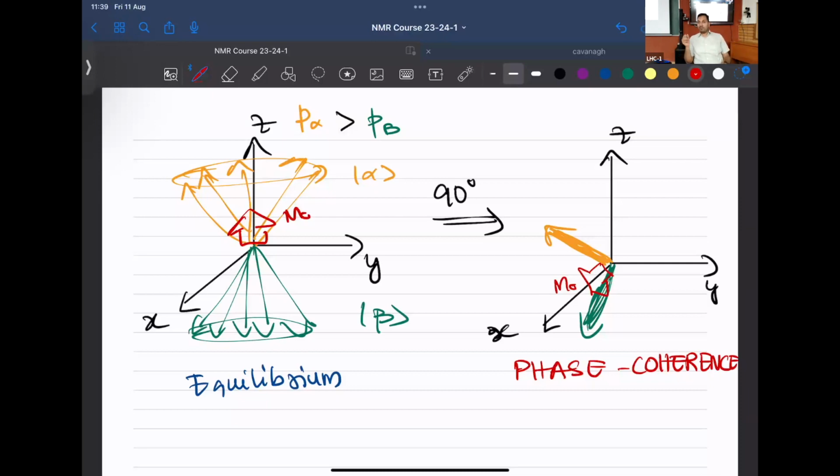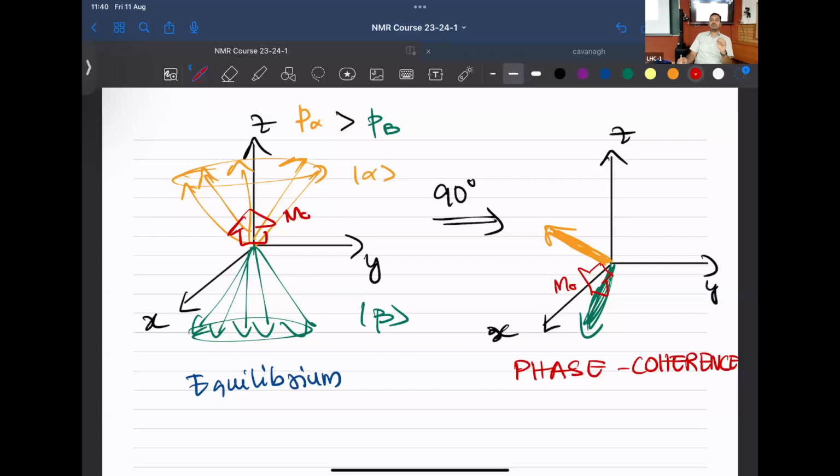Now, when you apply the pulse, suddenly you allow all of the spin vectors to have the same phase. This is called coherence, meaning everything in sync. So you generated a phase coherence by applying a pulse, which results in bunching of the alpha and beta spin vectors. Since their populations are equal, you get a net magnetization along the transverse plane.